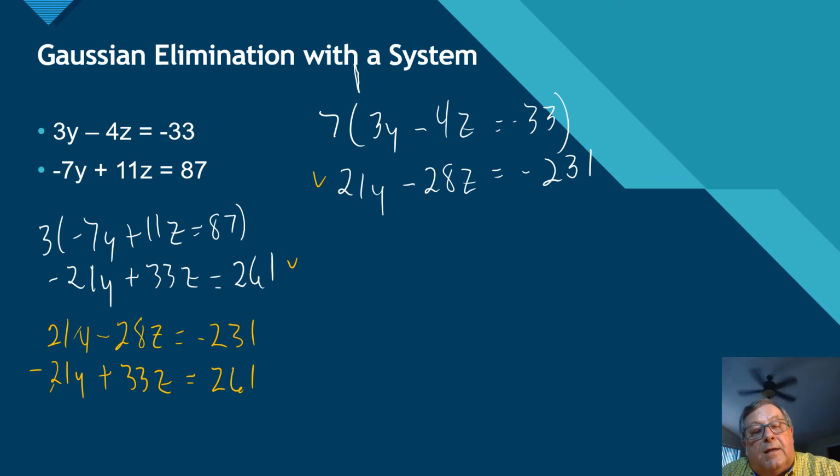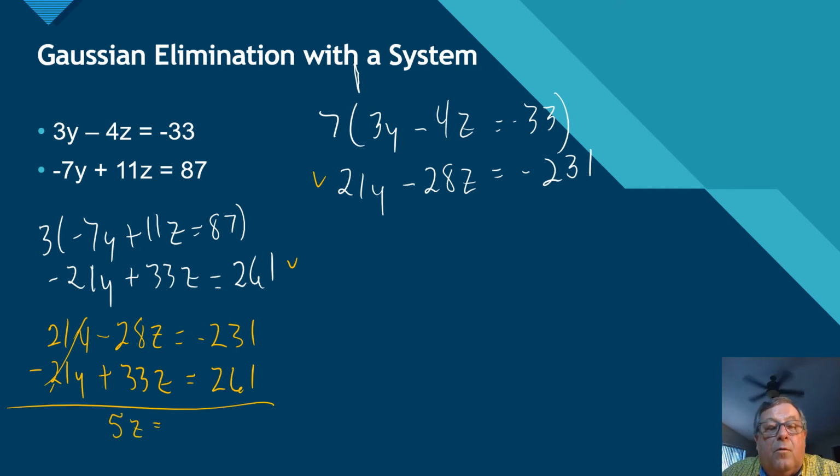And these are going to cancel. We're going to add these together. So negative 28z plus 33z is going to give us 5z equals negative 231 plus 261, which yields 30. Divide both sides by 5, and z is equal to 6.